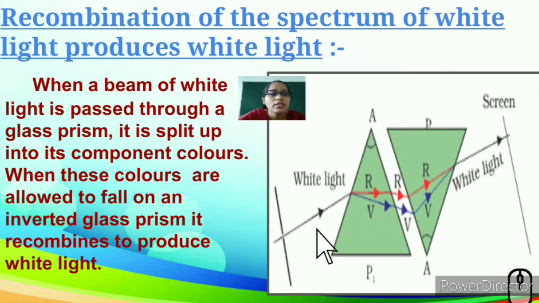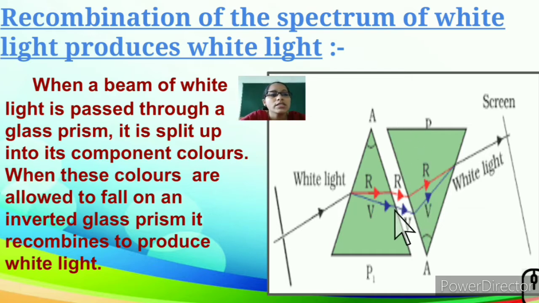So what happens here is, white light is passed through the prism and you can see the violet light bending more and the red light the least. In between there are different colors. So it enters and a 7 color spectrum VIBGYOR is formed, and it comes out as a spectrum.